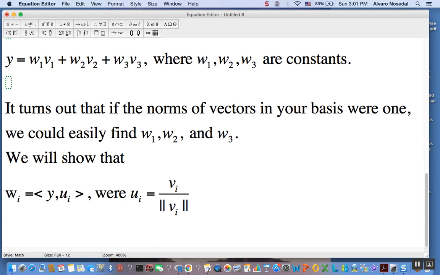let's recall what the squared norm of v1 is.